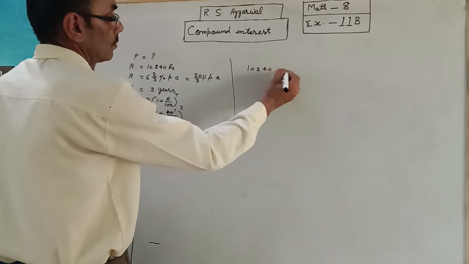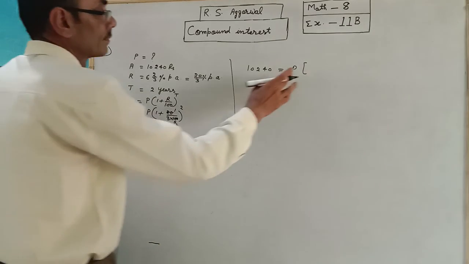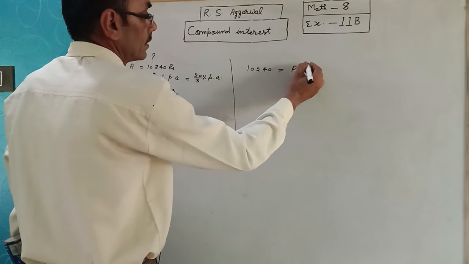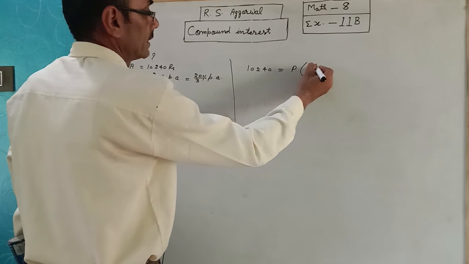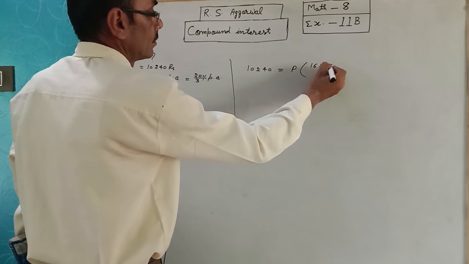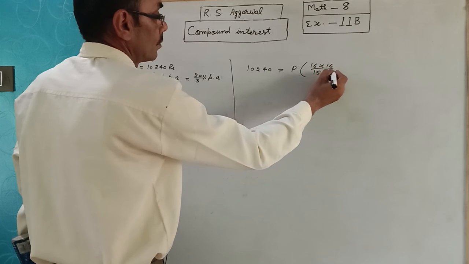Remove the power. Power is 16 into 16 upon 15 into 15.